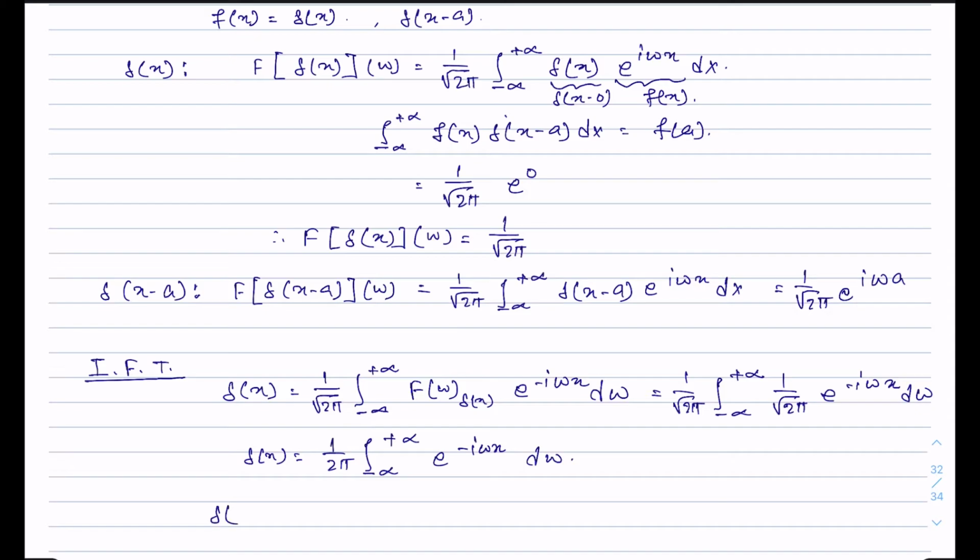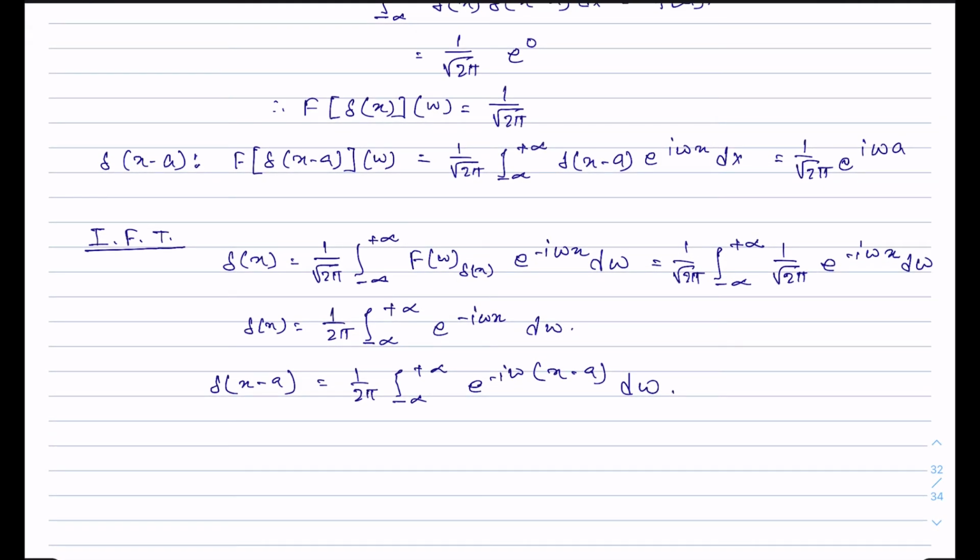Similarly for delta(x minus a), it will be 1 over 2 pi, integral from minus infinity to plus infinity of e to the power minus i omega (x minus a) d omega.